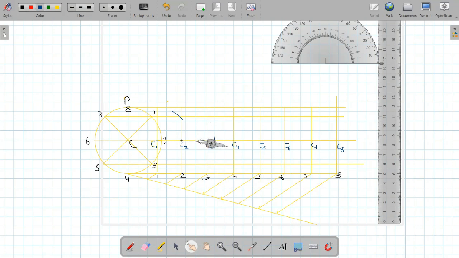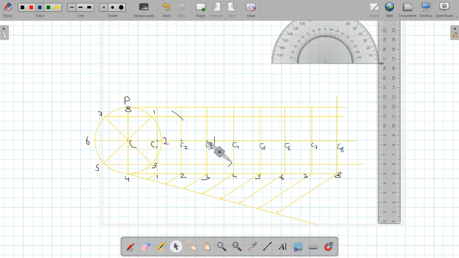Then we will shift our center to C3. Again, the arc will be cut on the projector of point 3, which is this one. This is projector of point 3. So this way it will be cut.